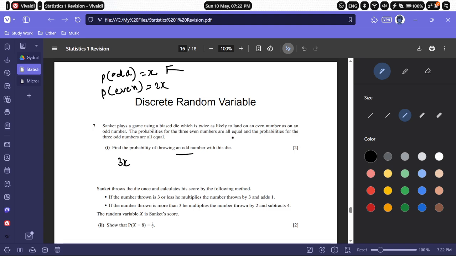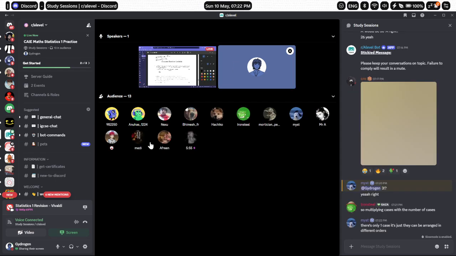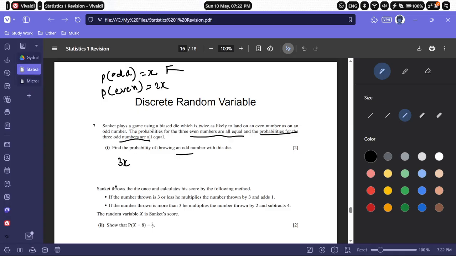They've told you that the probability for all the 3 even numbers is the same, and the probabilities for the odd numbers are also equal. So 3x plus 3 times 2x, which is 6x, is 1. x would be equal to 1 over 9, which is your final answer.